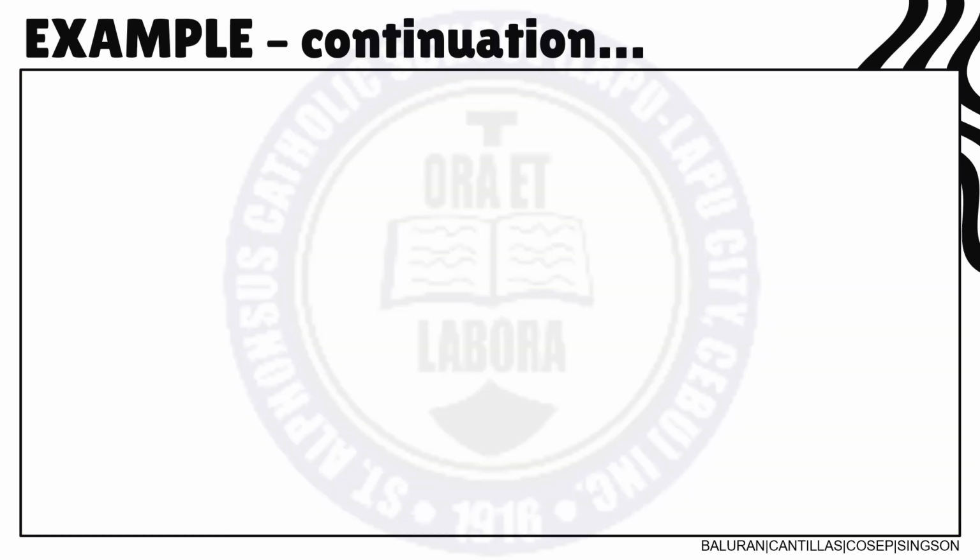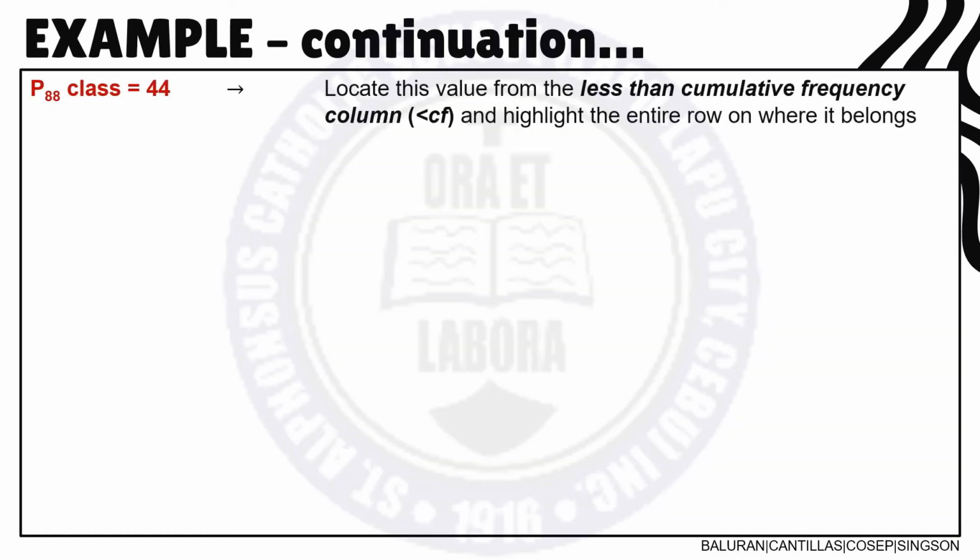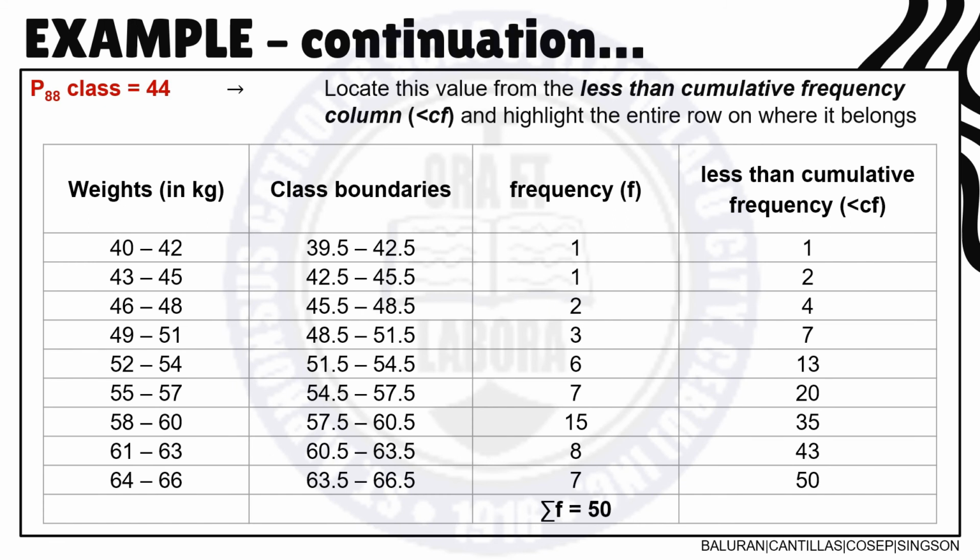Our P sub 88 class is equal to 44. So we will now locate this one from our table in the less than cumulative frequency column. And 44 is under 50. So we will now highlight that entire row and label this one as P sub 88 class.